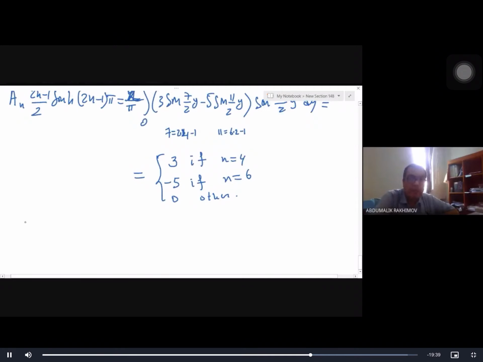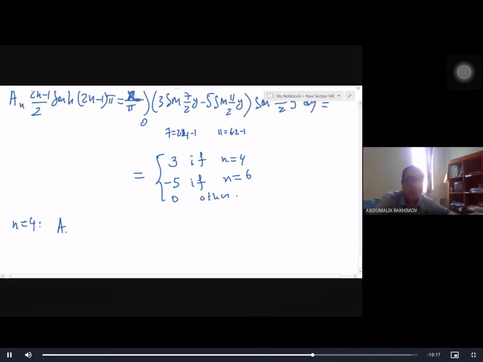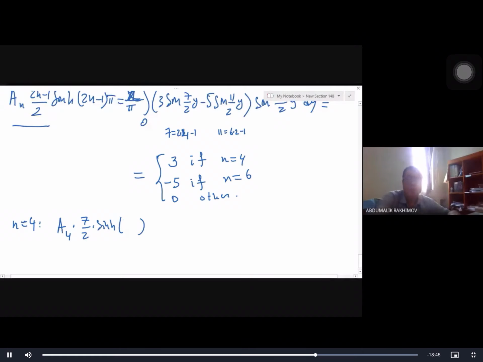When n equals 4, I have a_4 times 7 over 2 times sine hyperbolic 7 pi. Not 7 pi over 2, this is 7 pi.